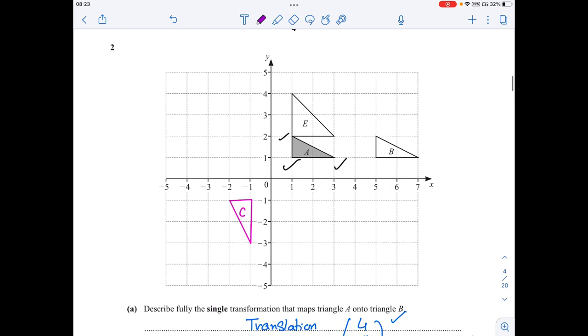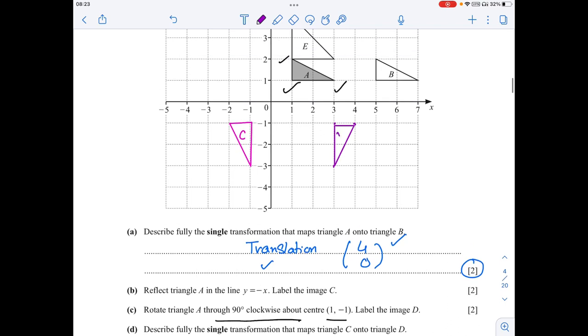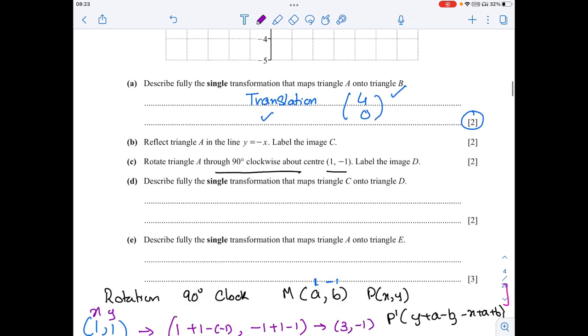So plot it out over here: 3, negative 1, 4, negative 1 and 3, negative 3. This is going to be the rotation of the triangle, and has he asked us to label it as anything? Label it as D.